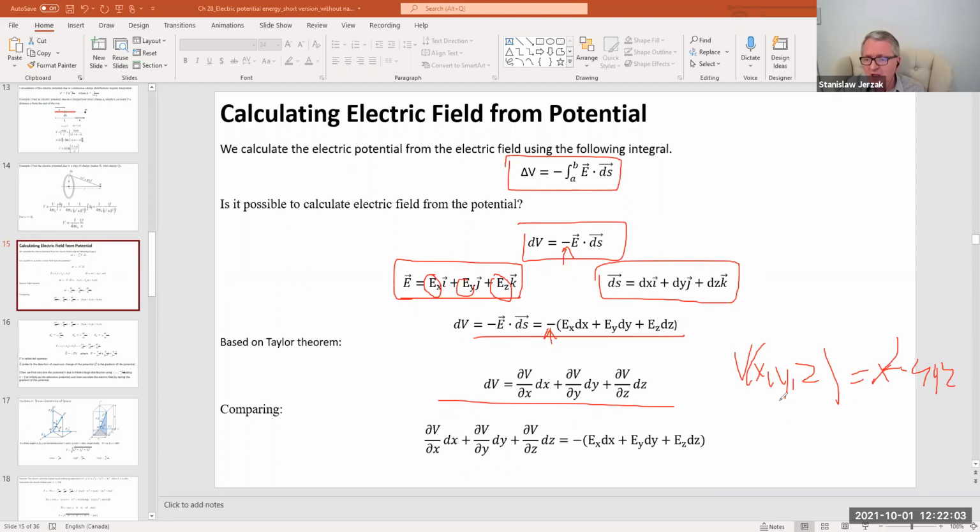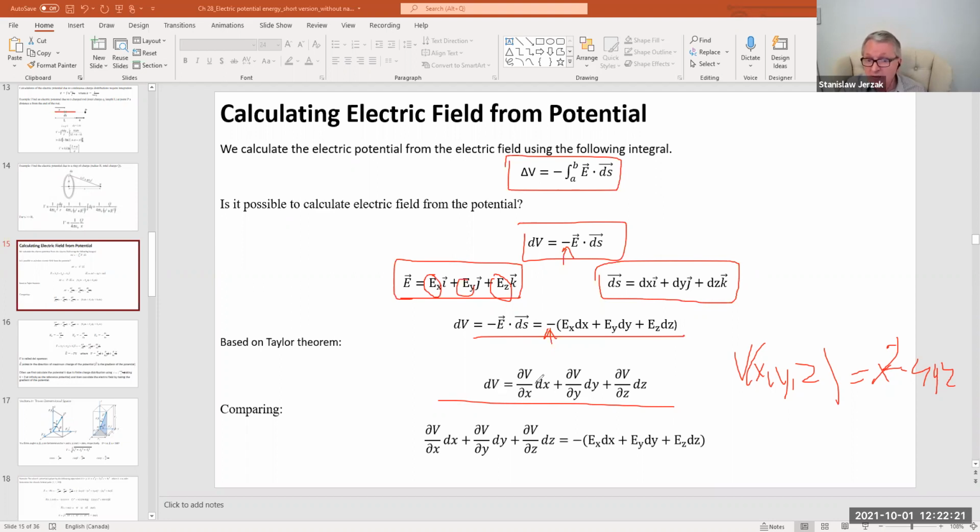Like I'm making it up right now, but we have explicitly an expression, let's say, of how the potential depends on x, y, and z.